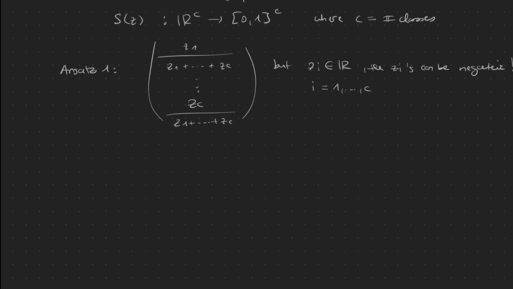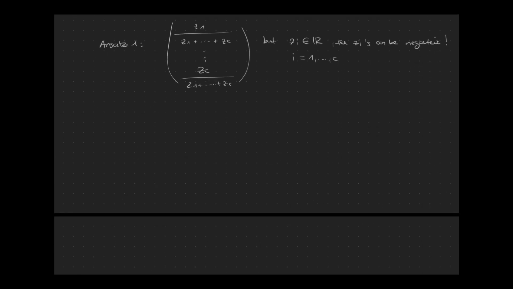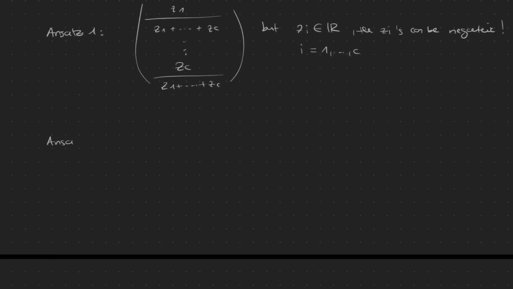So what we need to do is make z positive. And how can we achieve that? We can achieve that by using the exponential function, because the exponential function, as we know, is always positive. So we could write something like this: e to the power of z1, divided by e to the power of z1 plus up to e to the power of zc.